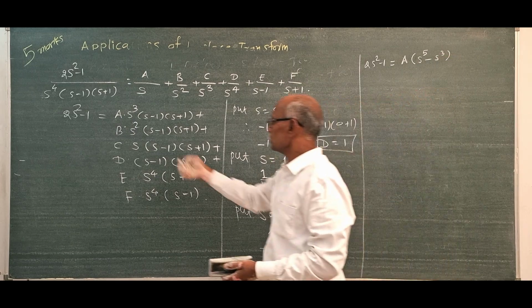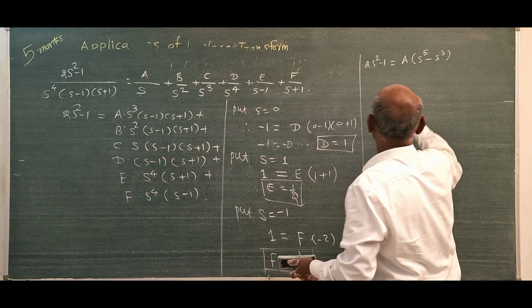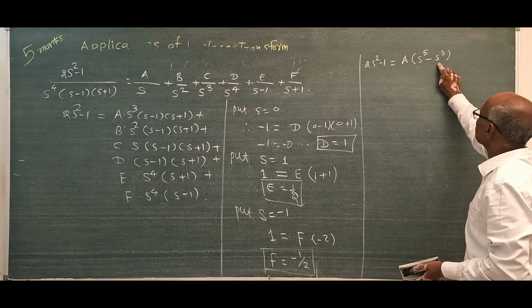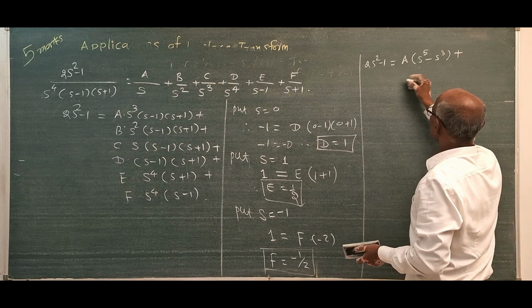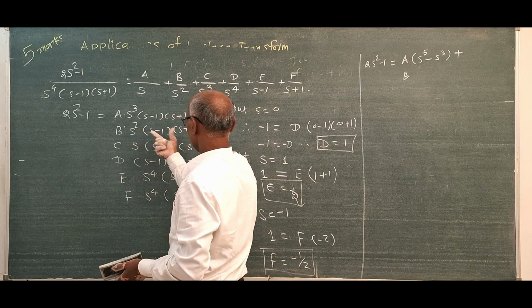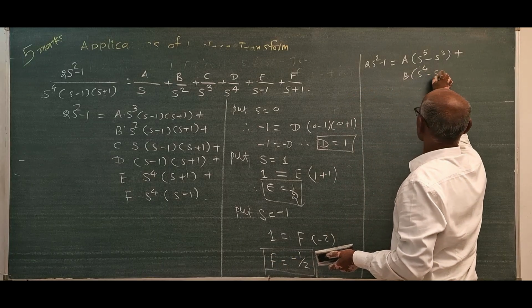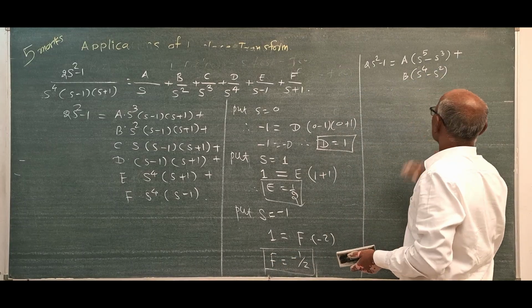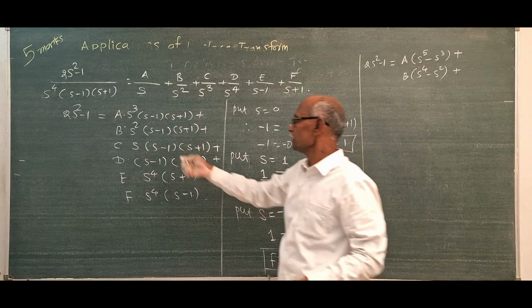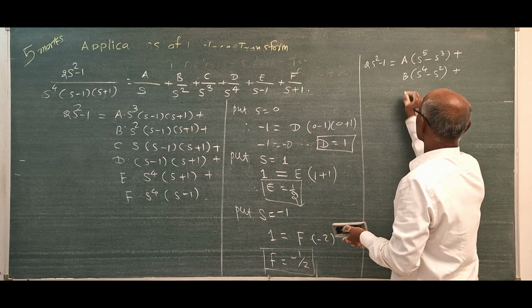This is coming because s square minus 1, and if you multiply by s cube, then you get s raised to 5 minus s cube, plus B. For B, we can observe that it is s square, it is s square minus 1. So we are getting s raised to 4 minus s square. Try to understand how to simplify this. S plus 1 and s minus 1 comes s square minus 1, therefore C.